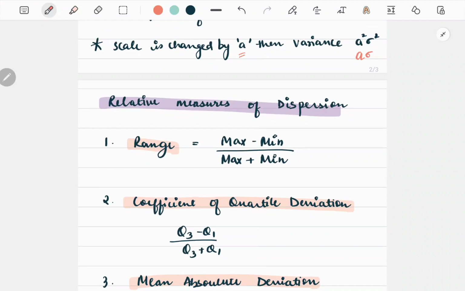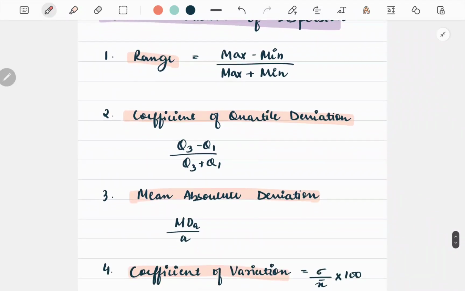It is all the same, however, we are bringing the absolute measures into a relative measure so that it becomes unitless. So, coefficient of range is max minus min divided by max plus min. Similarly, coefficient of quartile deviation is calculated as Q3 minus Q1 divided by Q3 plus Q1.